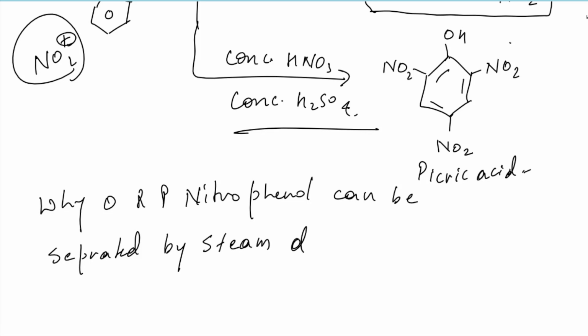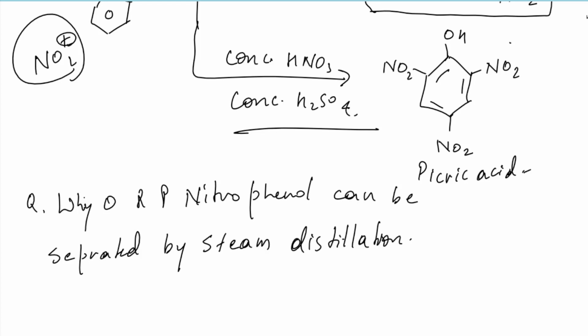Or it can mention a simple statement like ortho and para nitrophenol can be separated by steam distillation. So suppose it has asked why ortho and para nitrophenol can be separated by steam distillation.